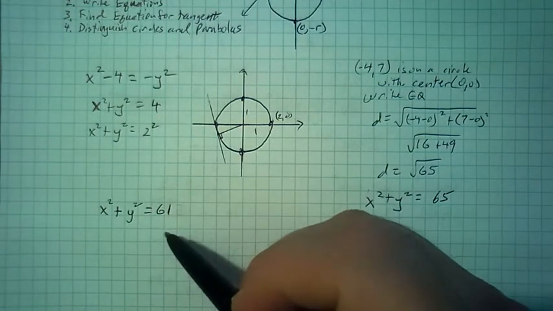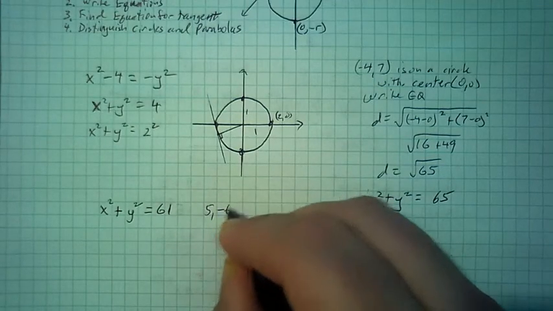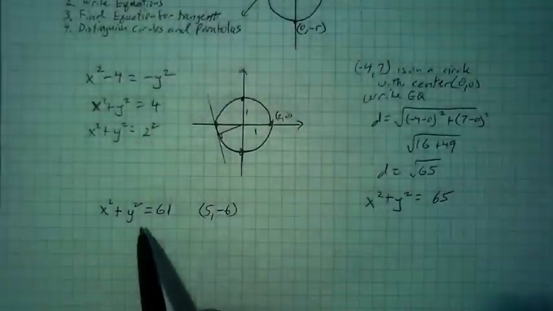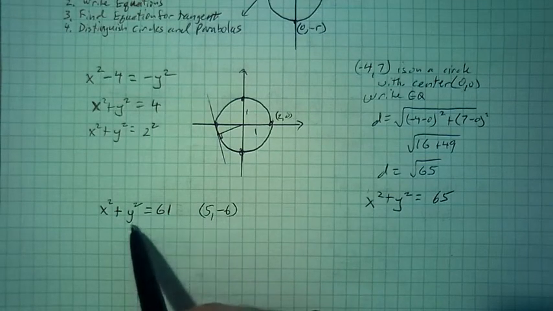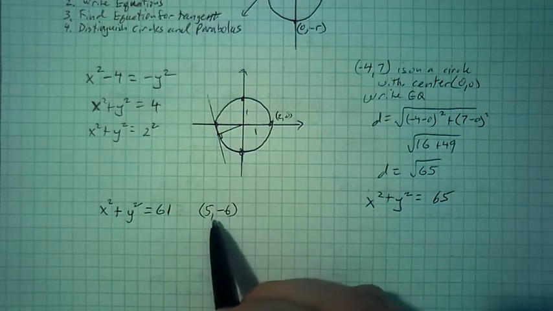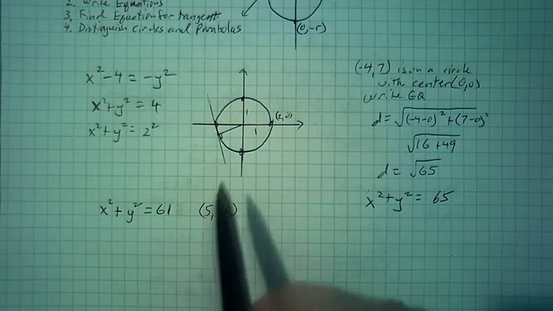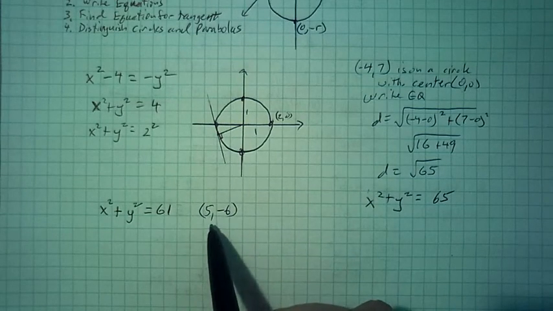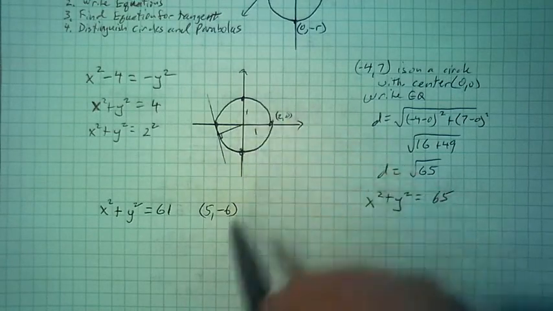So if we're given the equation for a circle and a point on that circle, 5, -6, we should be able to find the equation for the tangent line. The idea here is then I need to find the line perpendicular to my circle at 5, -6, which means it's going to be perpendicular to the radius there.